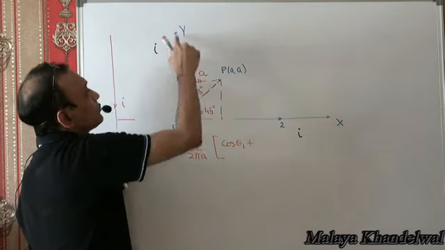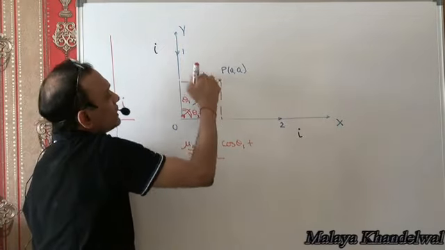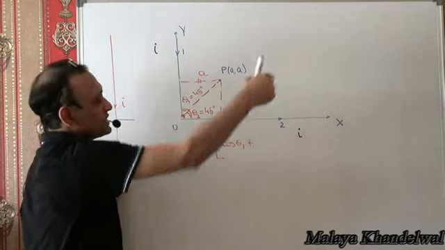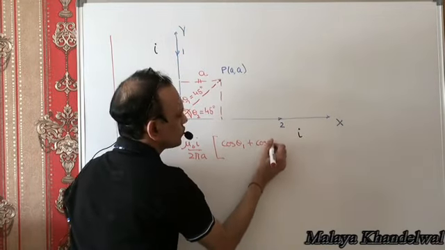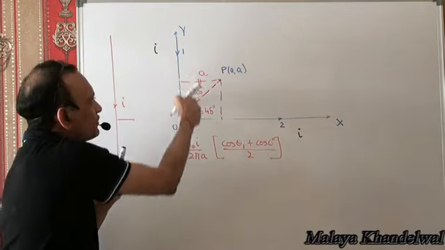The other end of the wire is at infinity, and the other angle theta there is going to be 0. So cos 0 divided by 2. That's the magnitude of the field because of this.